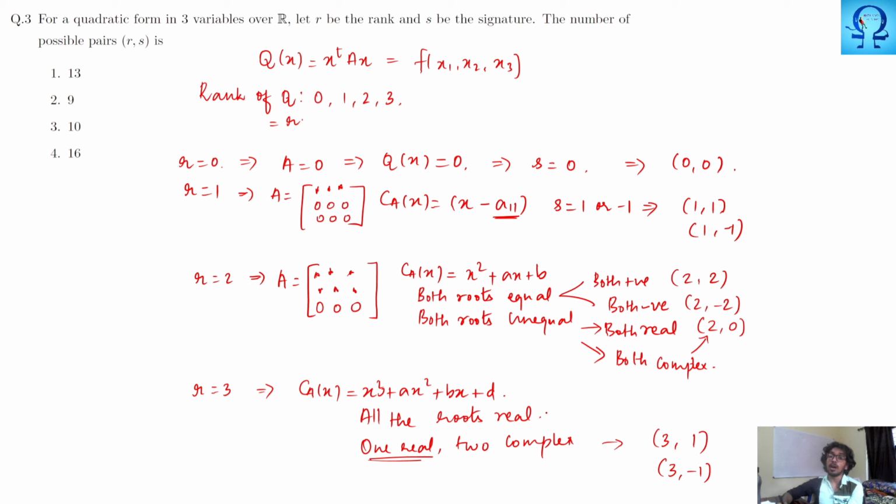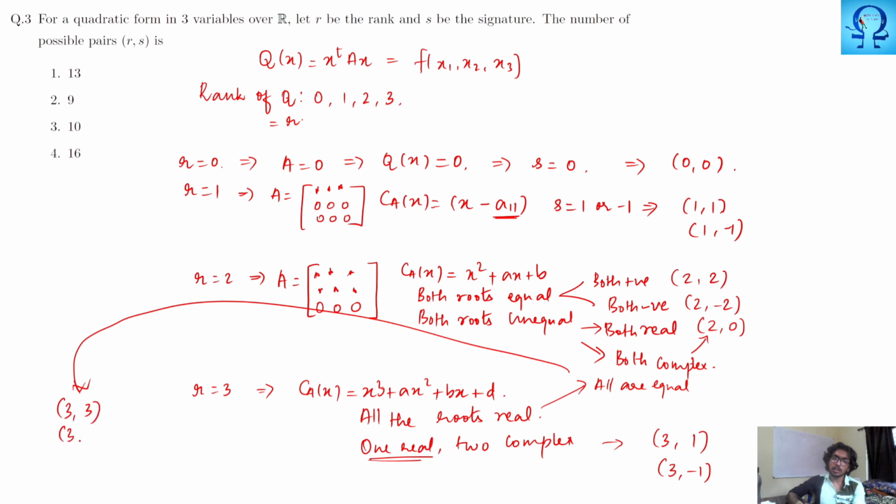In this case, when all are real, if all are equal, I think you may not be able to see here. Let me write here. When all are equal, if that value is positive, then you would have 3 comma 3 this thing. If the roots are negative, then we would have this pair.